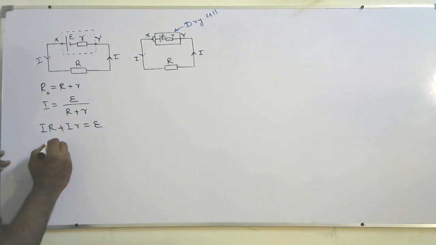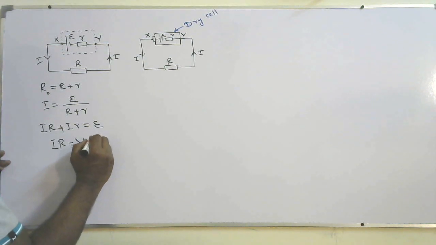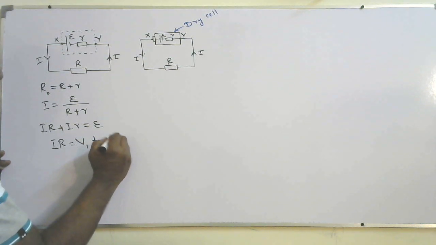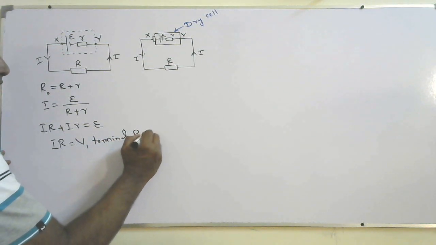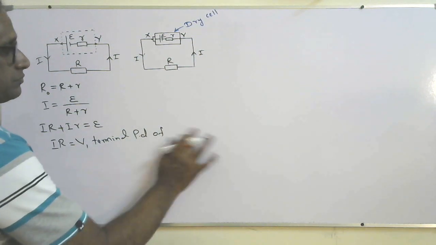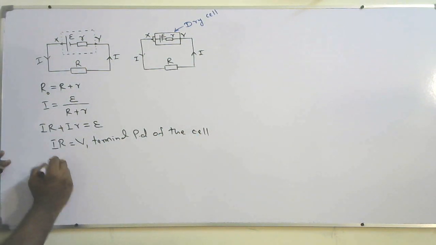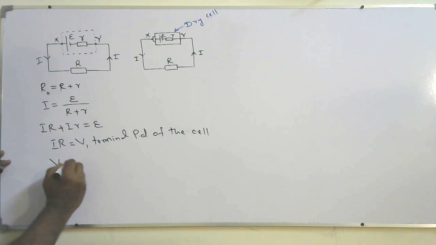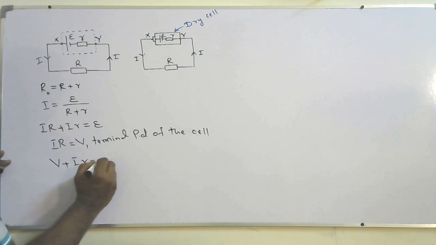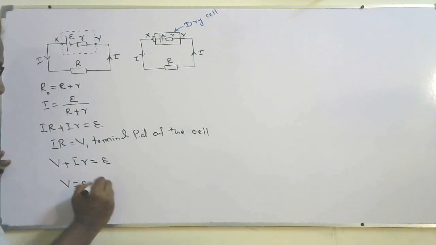So IR I can denote by V, and that is the terminal potential difference of the cell or of the DC power supply. So if I consider this equation, V plus Ir equal to EMF. So V is equal to EMF minus Ir.